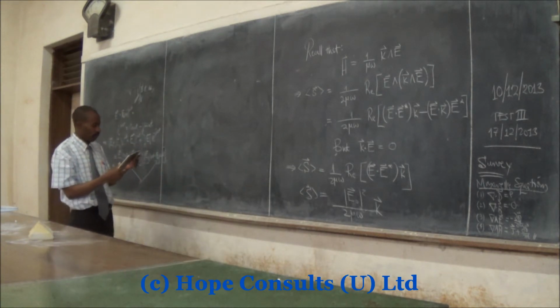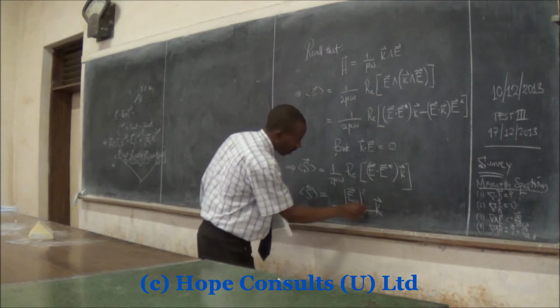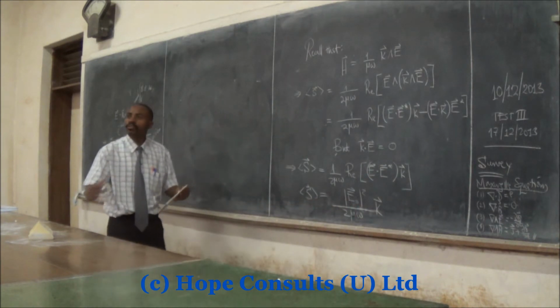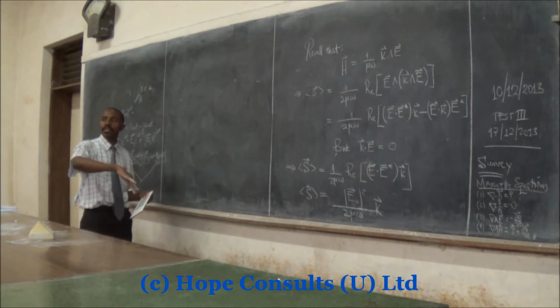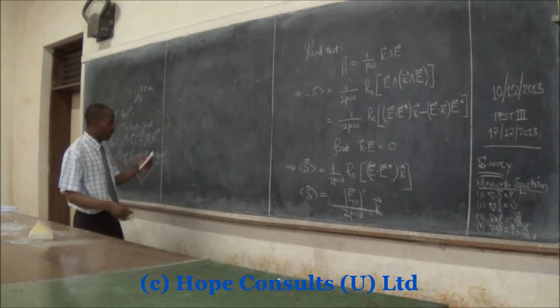So far, so good, but we know we can express this in terms of the phase velocity of the electric and the magnetic field, since we said these two have to be in phase.